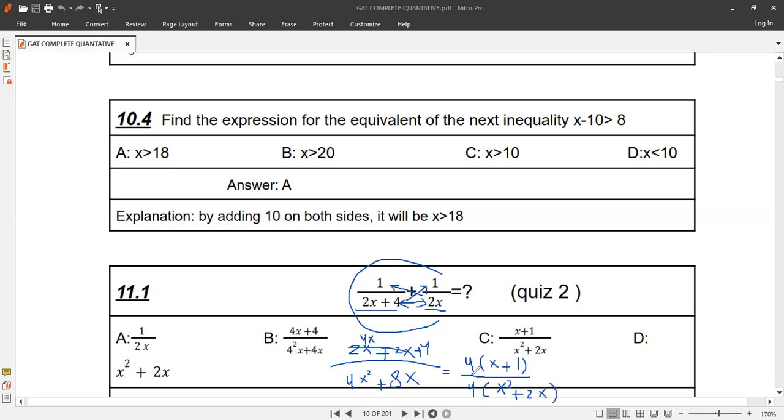We can simplify 4 with 4. So we have x plus 1 over x squared plus 2x. So the answer is C. In this question, the point is how to add fractions with unlike denominators: you need to unify the denominators.